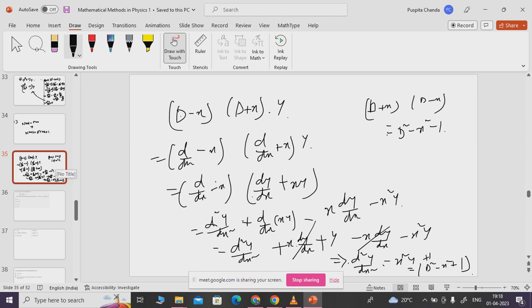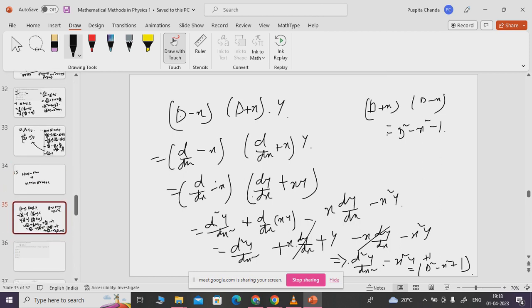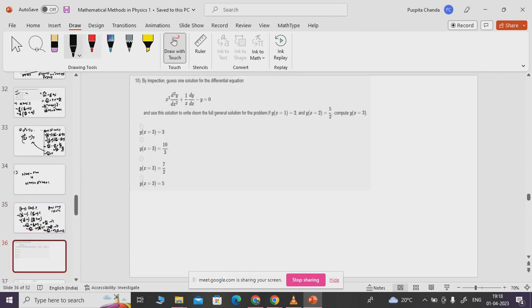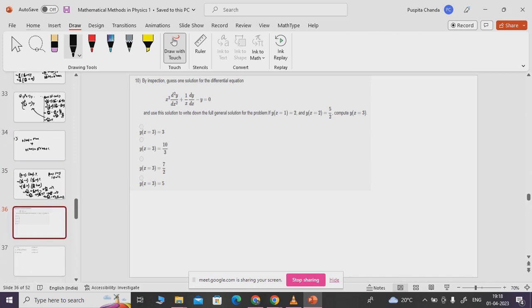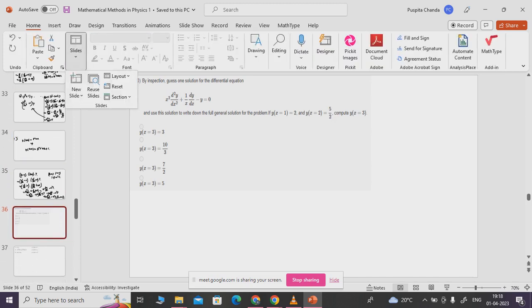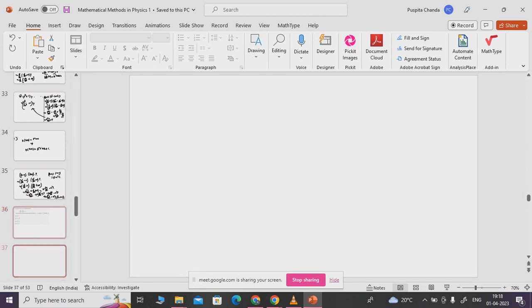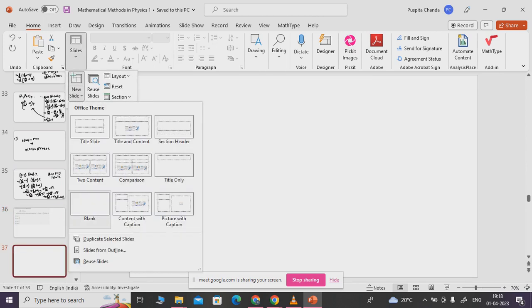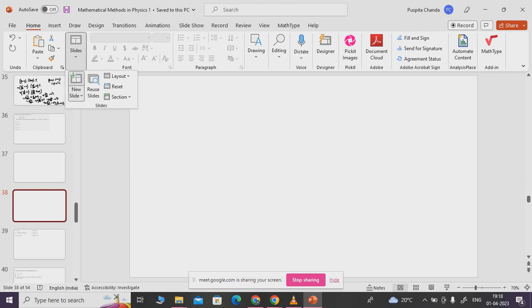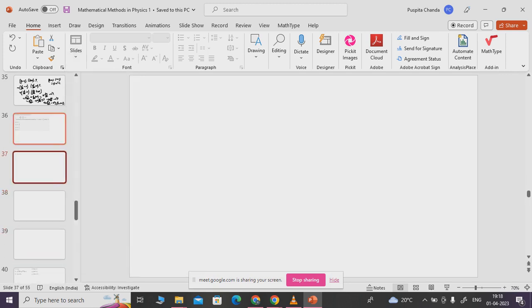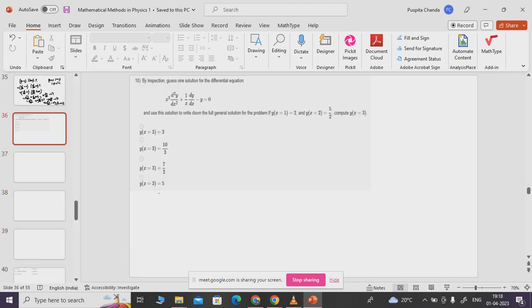So if we take it as a into b, it is not equal to b into a. The operator does not always follow the rules of algebraic properties. Understand? Yes, ma'am. Okay.